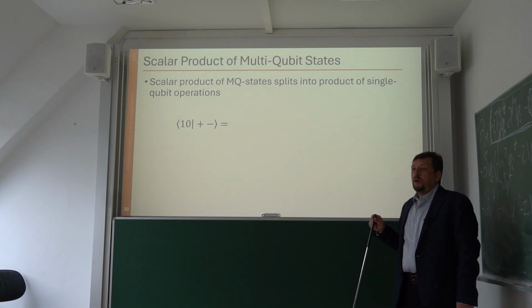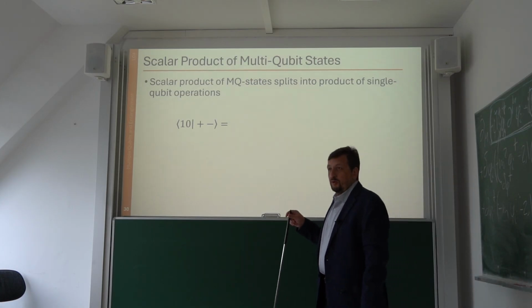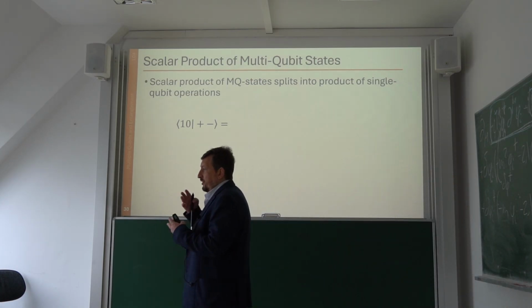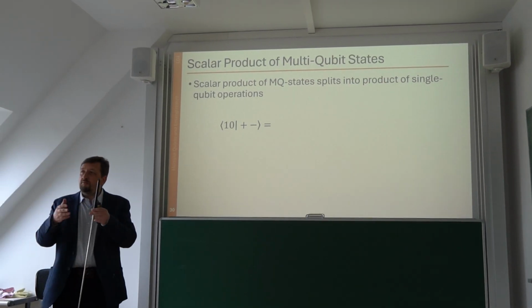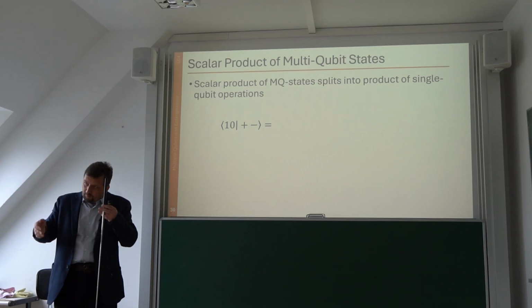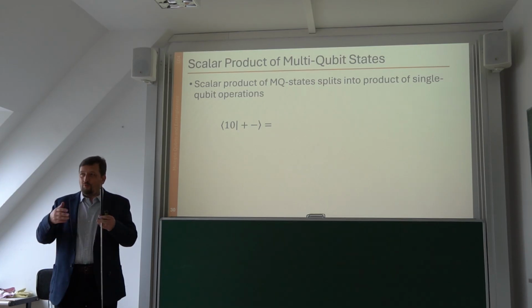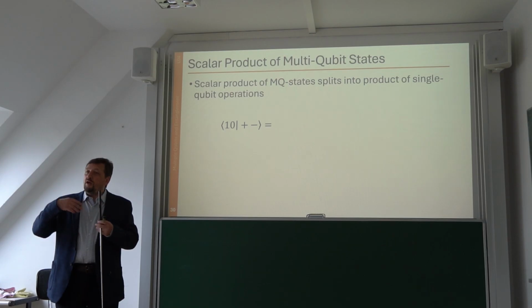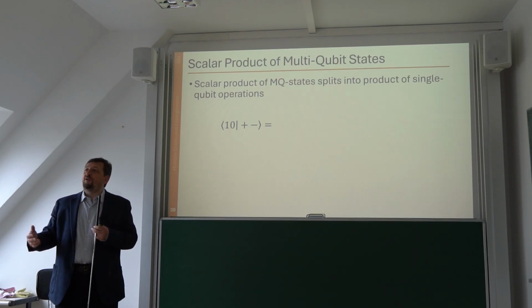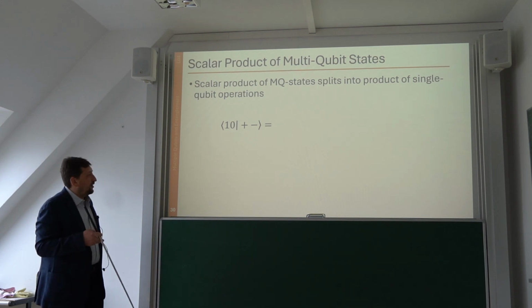Now, the scalar product is an important operation, because the results of measurements are evaluated using scalar products. If we have gates written in Dirac form, you calculate the action of gates by scalar product.